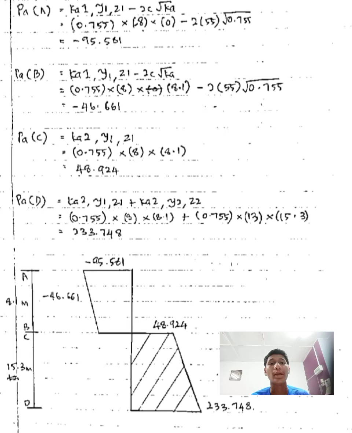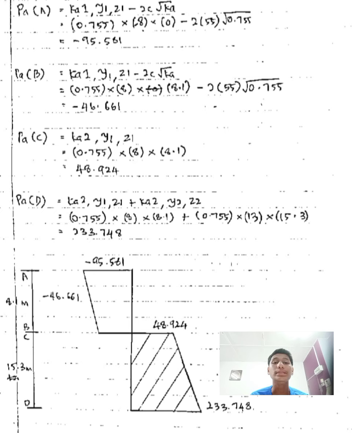0.755, gamma 1, which is 8, and Z1 8.1. The total is 48.924. And for PAD, we will use Ka2 times gamma 1 times Z1 plus Ka2 times gamma 2 times Z2.